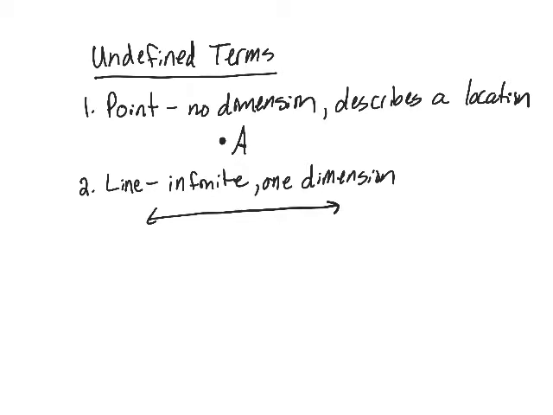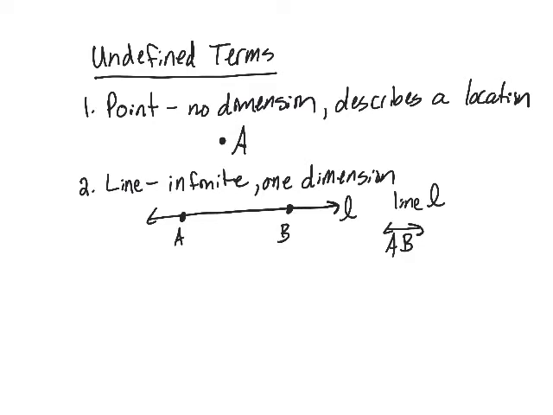I can name the line with just a lowercase cursive letter, and that would be called line L. We do that quite often, but we can also put points on the line, A and B, and label it using the points. To do that, you would just have the two capital letters with the symbol across the top. So it's important that there are arrows on the end of this symbol. That represents a line as opposed to a line segment, which is what we'll be talking about in just a minute.